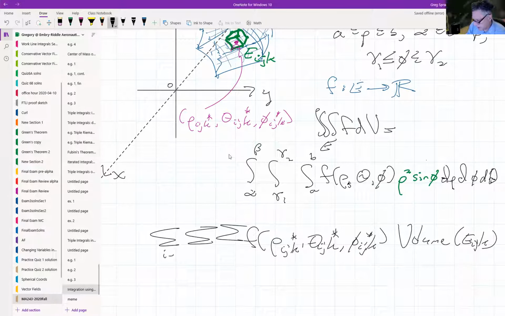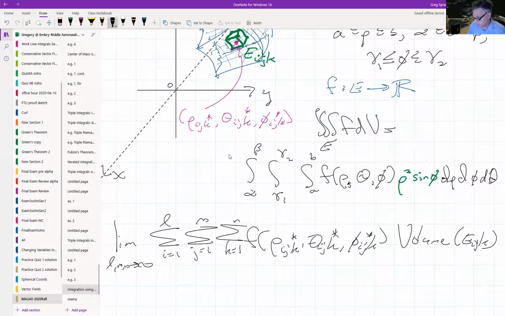And we add all them up from I equals 1 to L, J equals 1 to M, K equals 1 to N. Take the limit of that as L, M, and N all go to infinity.